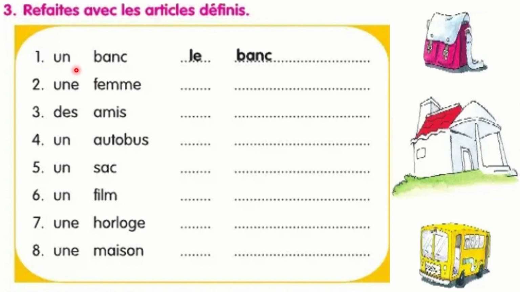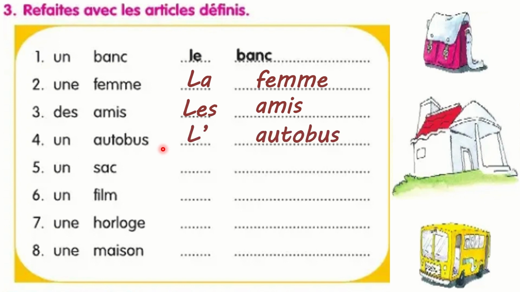Now the first part here we have is un banc, that means a bench. The answer is le banc, the bench. Une femme, that means a woman. The answer is la femme, the woman. Des amis, some friends. Les amis, the friends. Un autobus, an autobus. L'autobus, the autobus. Un sac, that means a bag.